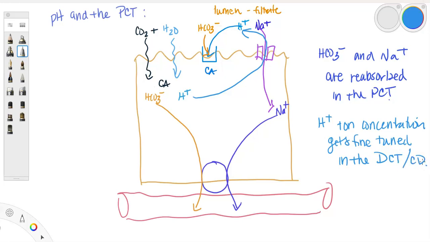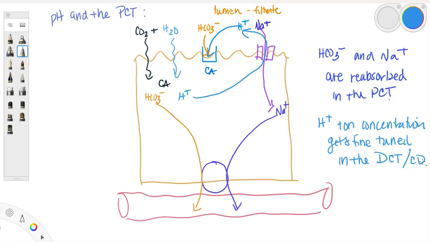So we're reabsorbing all of this bicarbonate, baking soda basically, and then when we get to the DCT and the collecting duct, there are specialized cells there that are able to monitor and are sensitive to acidosis and alkalosis.